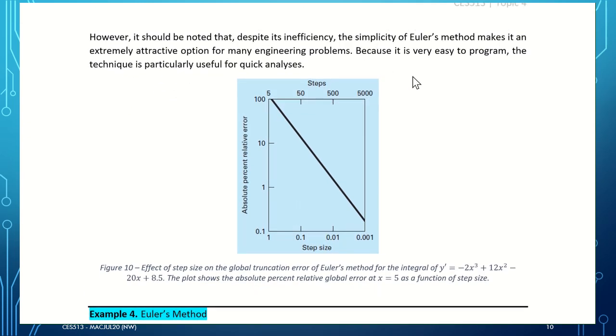Here the plot suggests that a first order technique such as Euler's method demands great computational effort to obtain acceptable levels.